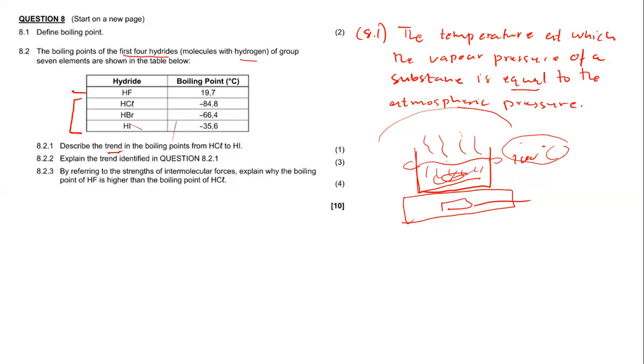When they say describe the trend, they want you to tell us the relationship between our variables. So now let us talk about the trend in boiling point from HCl to HI. What is happening with the boiling point? Is it increasing, decreasing, or remaining the same? That's what we need to do.